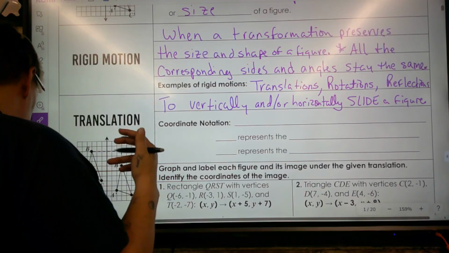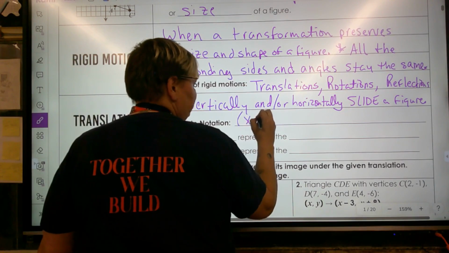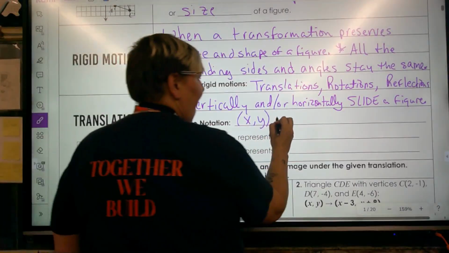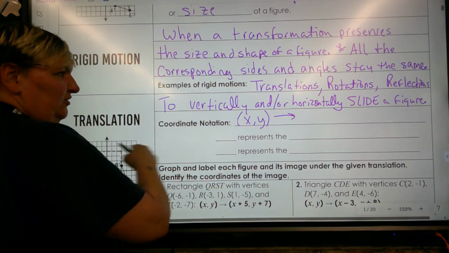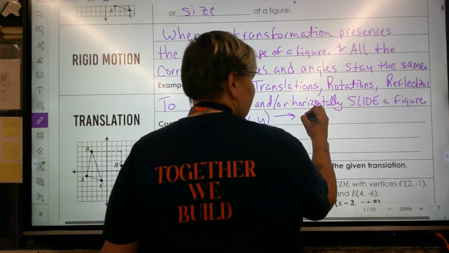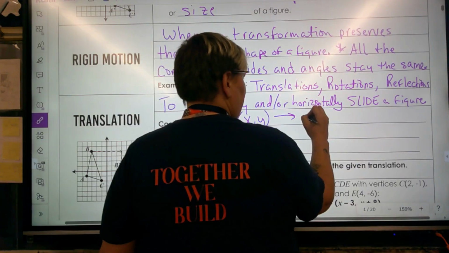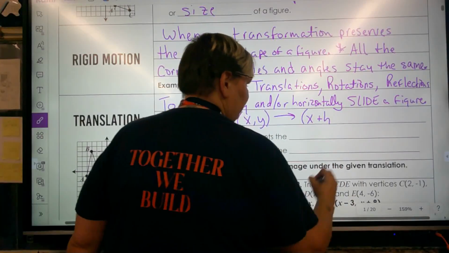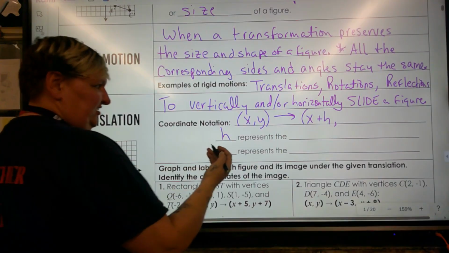So the coordinate notation for that is we start with the original x, y points, our coordinates, right? And for the x value, we're going to add or subtract an h. H is your horizontal, right? So you're going to add or subtract your h, because if it's a -7, you're going to subtract h, right?